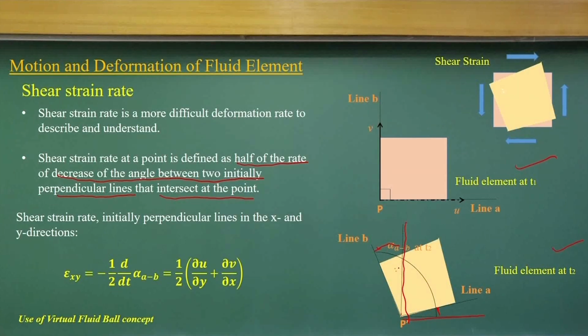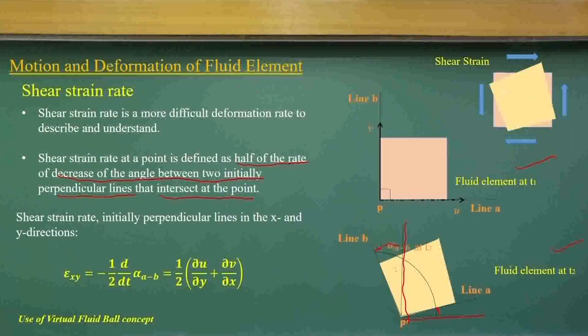So we are looking at half of the decrease of the angle between the two lines. Because of the shear strain rate, you can identify the edges and how they are changing. On average, how much the edges change with two perpendicular lines.